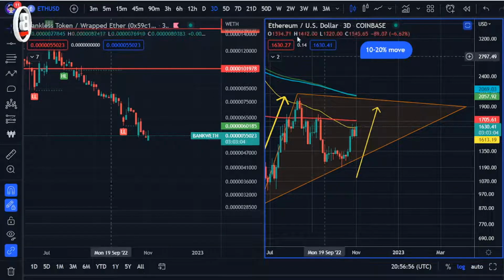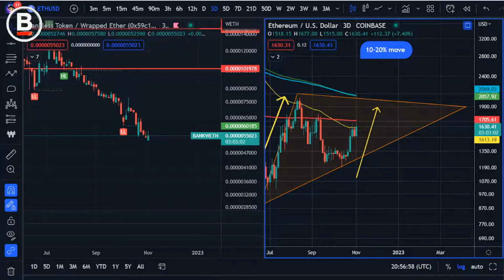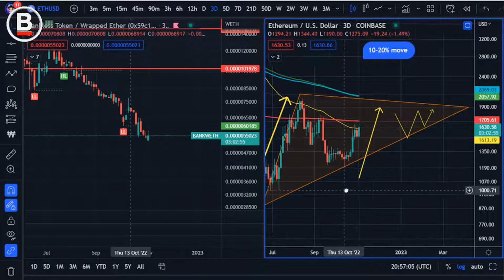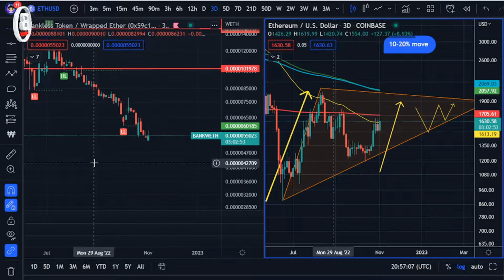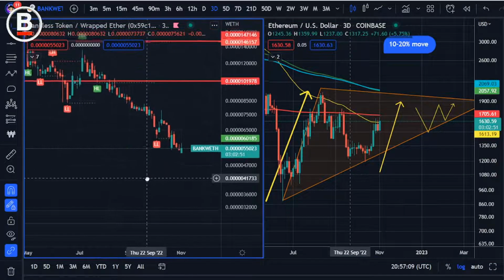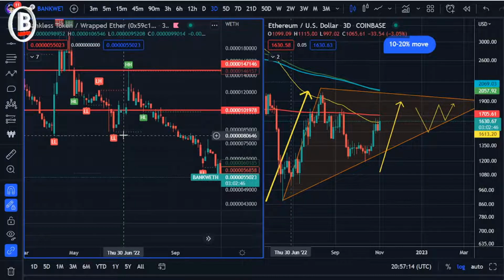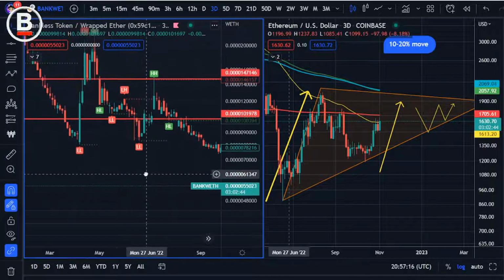But there's a lot to go. But one of the things that you notice is ETH and Bitcoin go sideways. This provides opportunities for cryptos to go up and bounce.